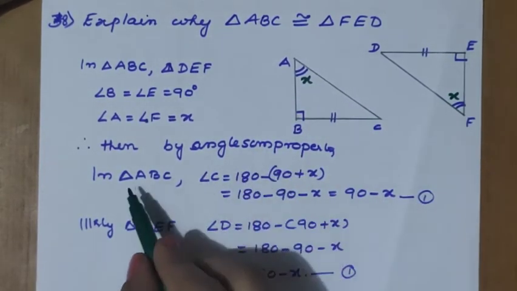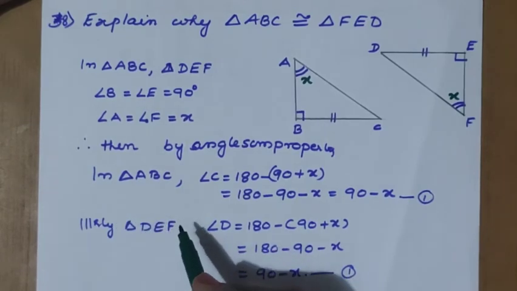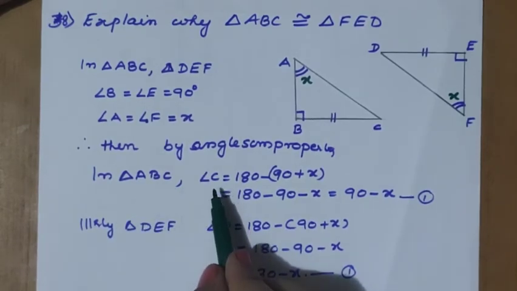Now by the angle sum property, in each triangle separately, I am calculating angle C in triangle ABC.